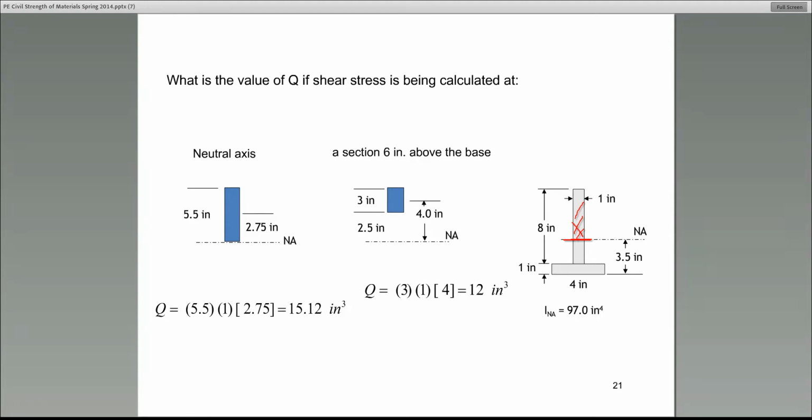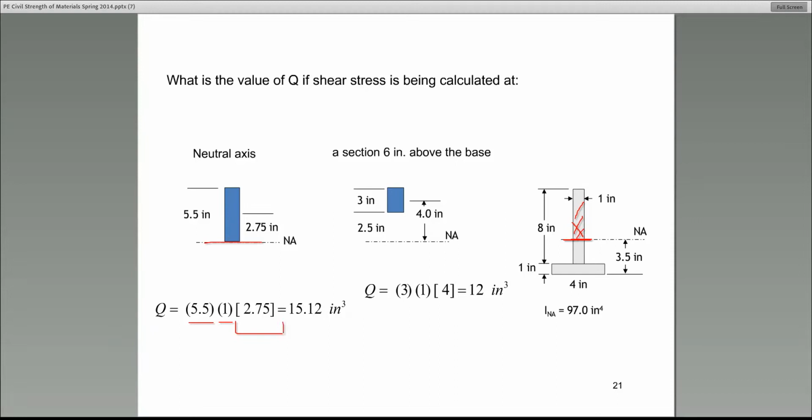This is the neutral axis, and the shaded blue area is that area that I just identified for you. You take that area, and then look what we do. Find the area. The area is 5.5 times 1. Does everybody follow how I got that? 5.5 times 1. 1 is the width. That's the area. Then I need to take that and multiply it by a moment arm.